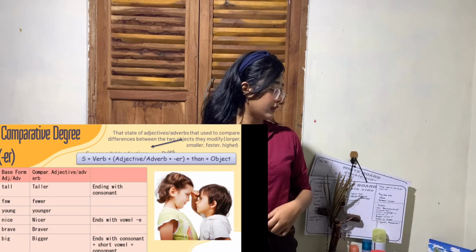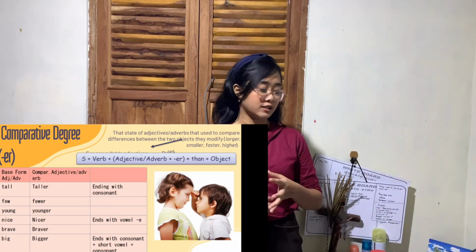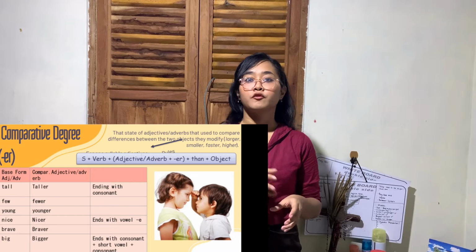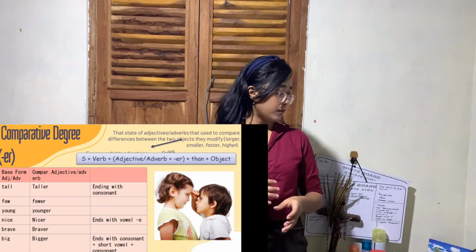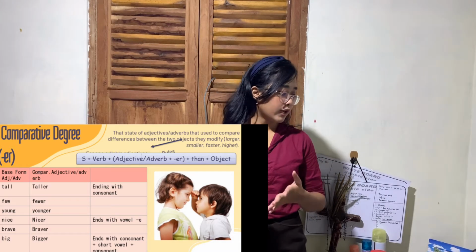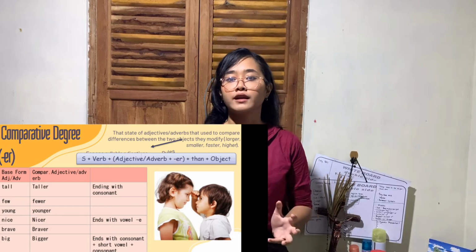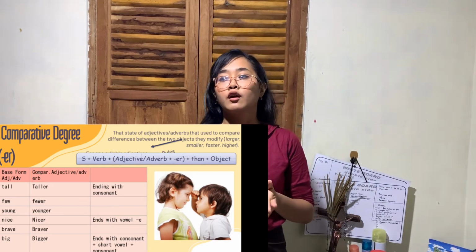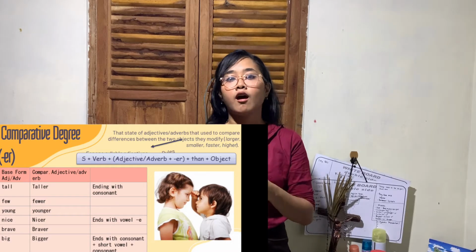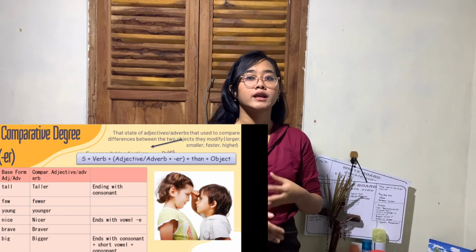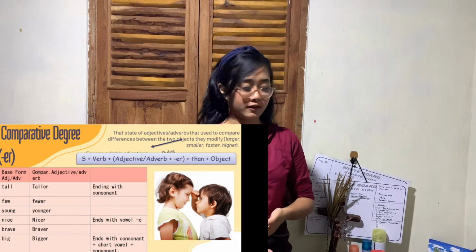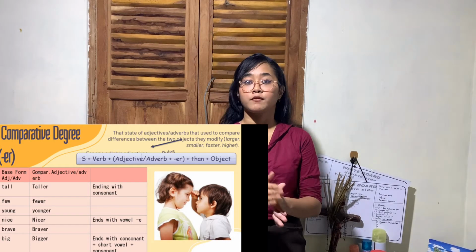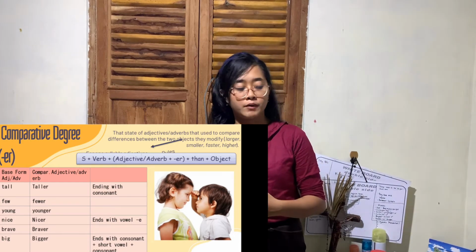Other examples are few becomes fewer, and young becomes younger. If an adjective ends with vowel e, you just add r to make it a comparative adjective. For example, nice becomes nicer, brave becomes braver.